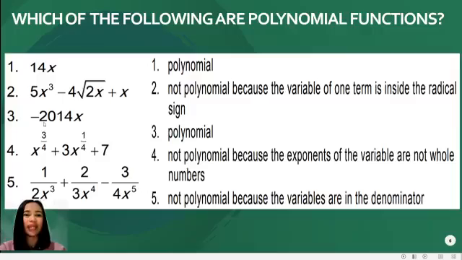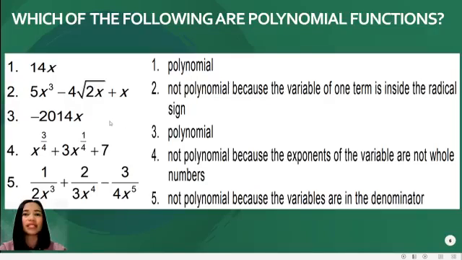For number 3, we have negative 2014x. Our variable is x, so definitely the exponent of the variable x is a positive one. So number 3 is a polynomial. On number 4, we have x raised to 3 over 4 plus 3x raised to 1/4 plus 7.